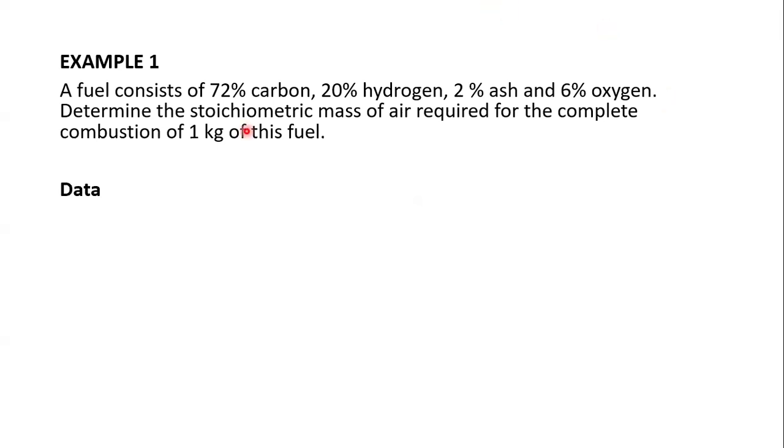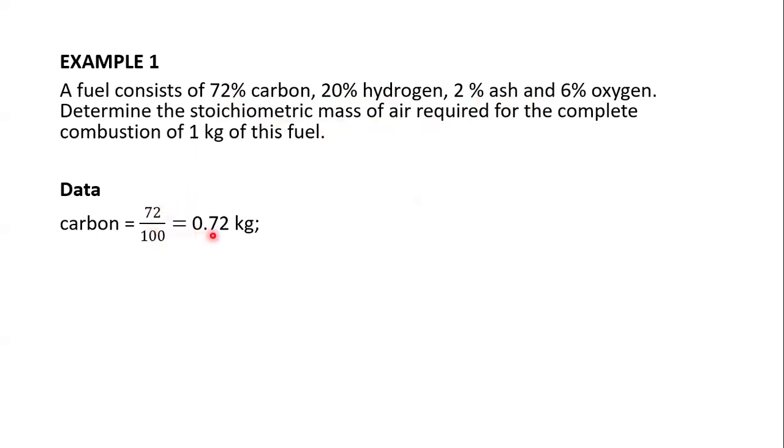Let's get to work. First, we've been given that this is 72%. This percentage, they're actually sharing that 1 kg, because when you add these, they'll give you 100%. 100% is the same as 1, because it's 100 over 100. So what we are going to do to share that 1 kg is just to follow the percentages as they have been laid out. Starting with carbon, this is 72 over 100.